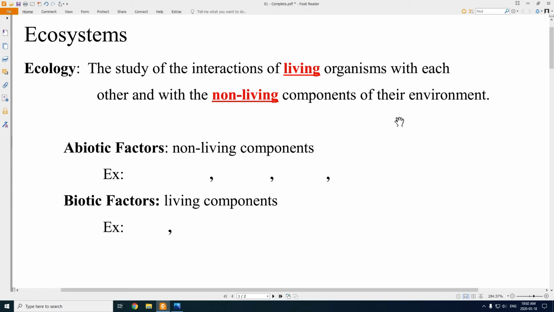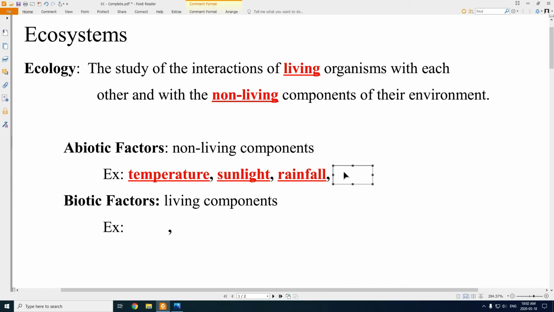So we break down an ecosystem into two different parts. We say that there's abiotic factors and biotic factors. So abiotic factors, these are non-living things. So for example, the temperature of an area, or the amount of sunlight, or the amount of rainfall, or the amount of wind, or the type of landscape.